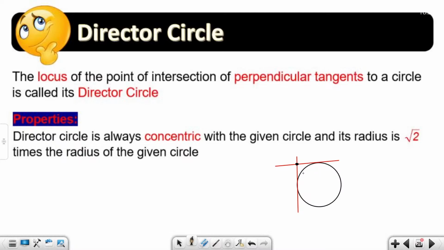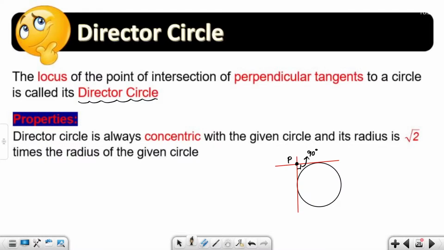Now the question is, if the angle between these two tangents is 90 degrees, that is, they are perpendicular to each other, then what will be the locus of this point? The locus of the point P is what is called your director circle.